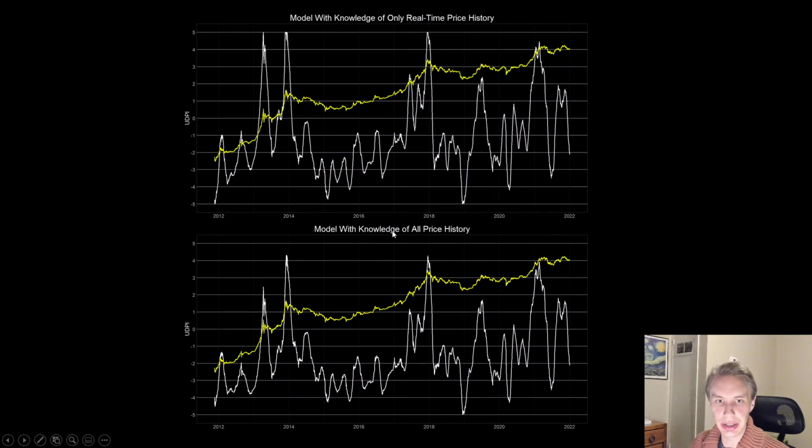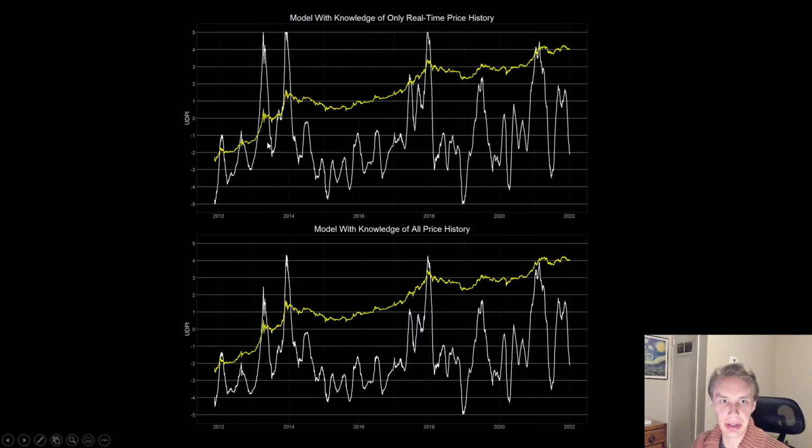We see this a little more clearly if we look at the raw output, with price in yellow overlaid on top. This model, running basically in real time, is the output it would have been giving you starting back in late 2011, mind you, with only a very little amount of data fed into it before it's able to start doing this. If anything, it's giving more clear readings of risk than the retrospective model, the model that has full knowledge of Bitcoin's price history.